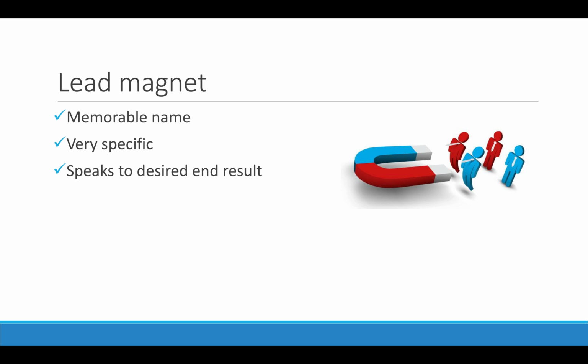Then it must speak to a desired end result. As I said, let's say in the example that you are a digital marketing manager and you see this kind of message which is talking about all the mistakes that digital marketing managers now are making, and you want to be a better professional. So this is why it speaks to your sense of betterment. You don't want to make this mistake which 99% of the people are doing.